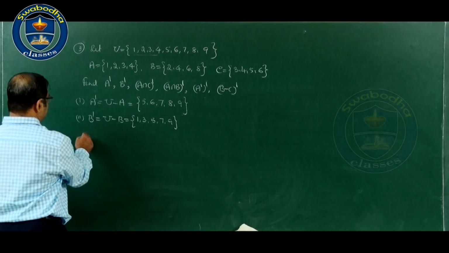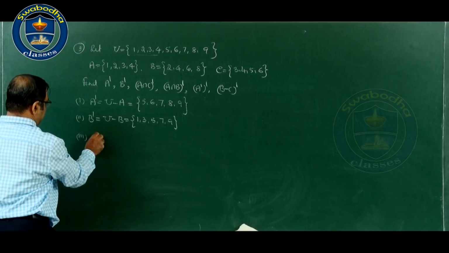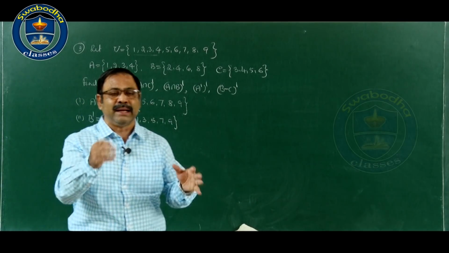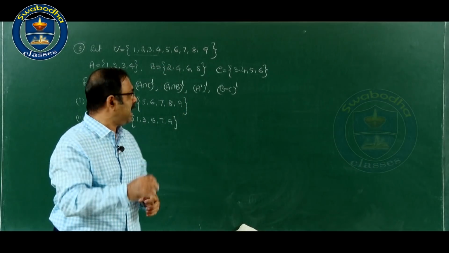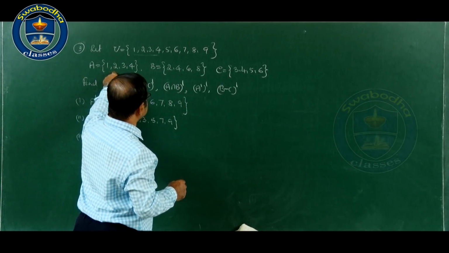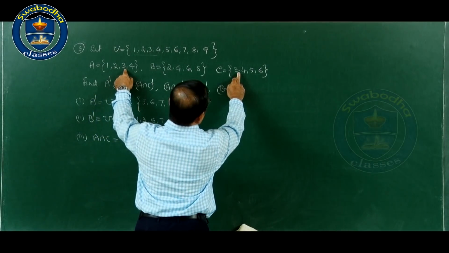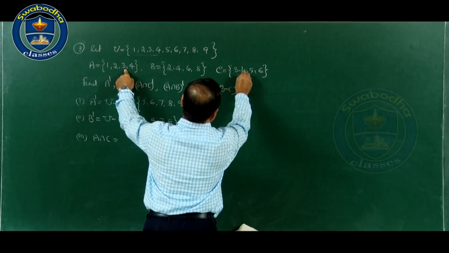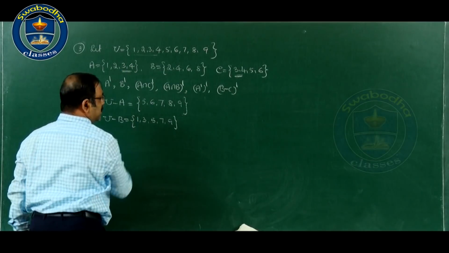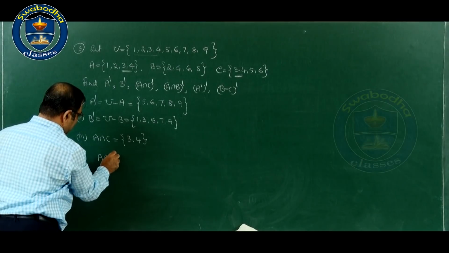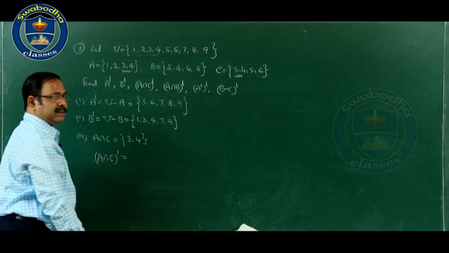Then we write A intersection C complement. First, for writing A intersection C complement, you write A intersection C. What is A intersection C? A is 1, 2, 3, 4 and C is 3, 4, 5, 6. So 3, 4 is A intersection C. So what is A intersection C complement?